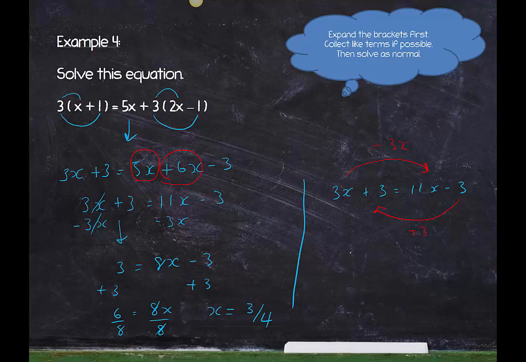Okay, so this side is going to have 3 plus 3 equals 11x minus 3x. 3 plus 3 is 6 equals 11x minus 3x is 8x, and then we're going to divide by 8. Okay, so 2 into 6 goes 3 times, 2 into 8 goes 4 times. And that one crosses out to leave us with x equals 3 on 4. So you can see we've got the same solution.